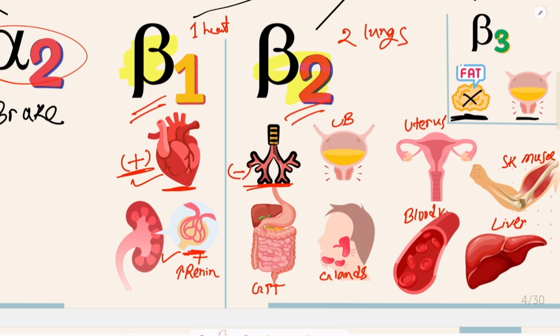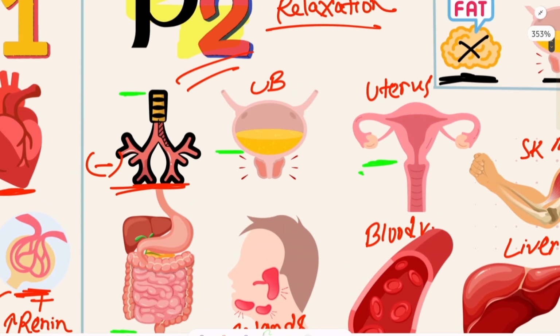Most other places beta 2 will cause relaxation or inhibition. So it will relax the bronchus, it will relax the gastrointestinal tract, it will relax the urinary bladder, it will relax the glands, it will relax the uterus. Relaxation of the uterus is called tocolytic effect.